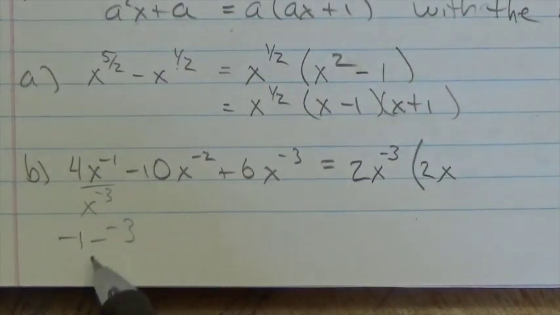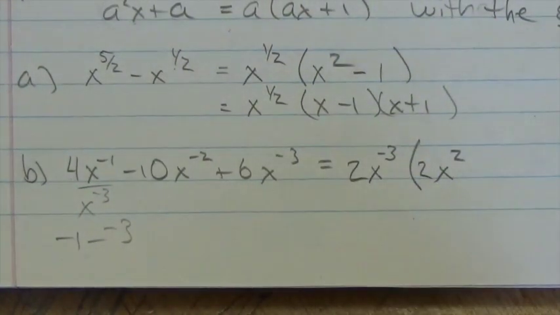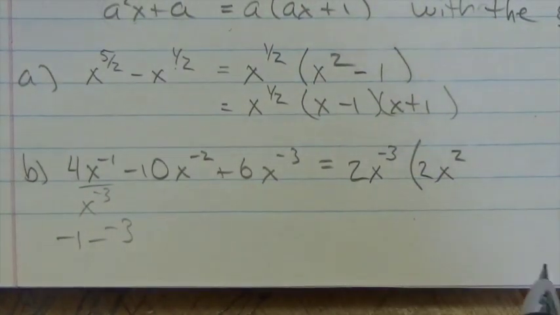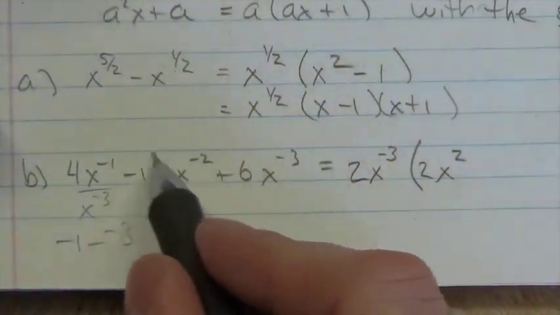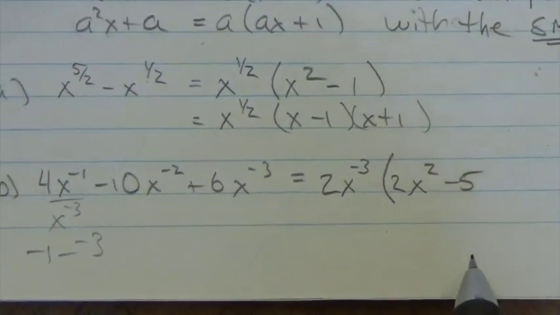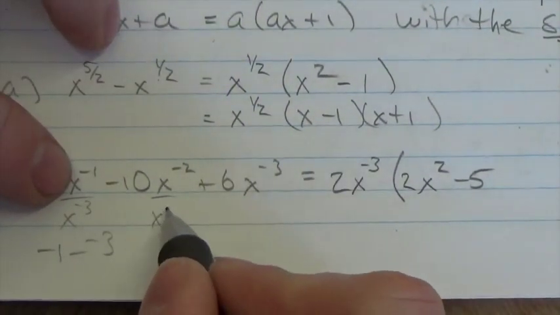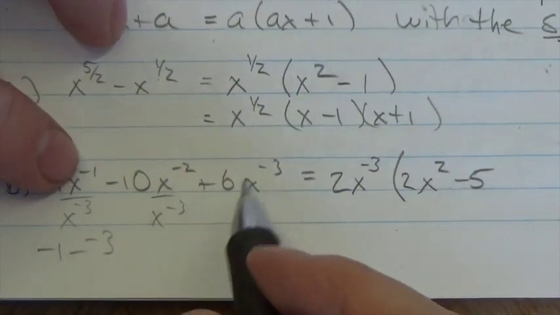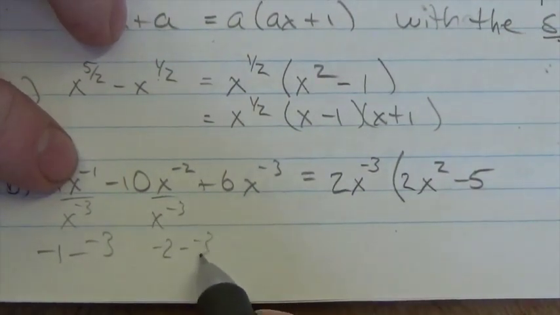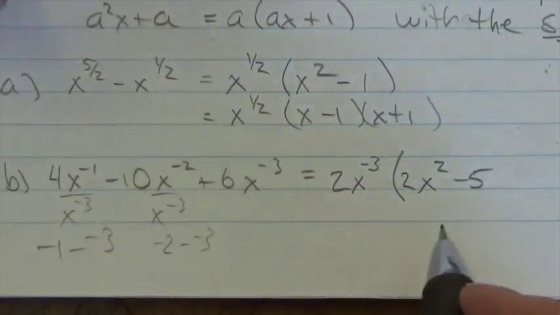That's like negative 1 plus 3. And that actually gets me the number 2 there. Okay? Then I go to the next term. Negative 10 divided by 2 is going to be negative 5. Then, bear in mind that I'm dividing this x to the negative 2 by x to the negative 3. Well, okay, negative 2 minus negative 3 is going to be negative 2 plus 3, okay, which is going to get you 1.